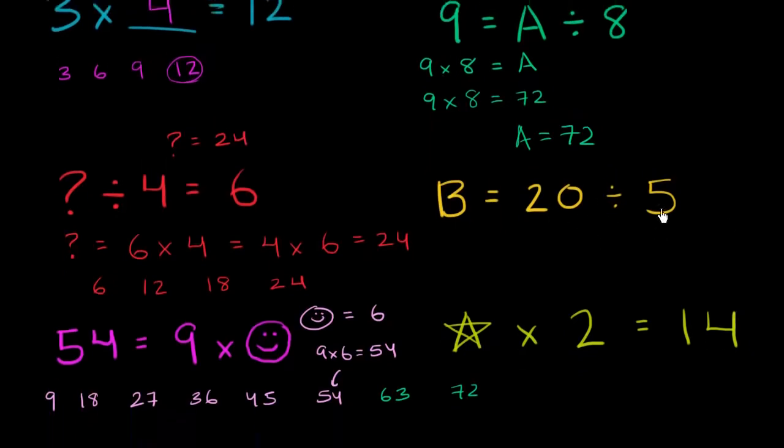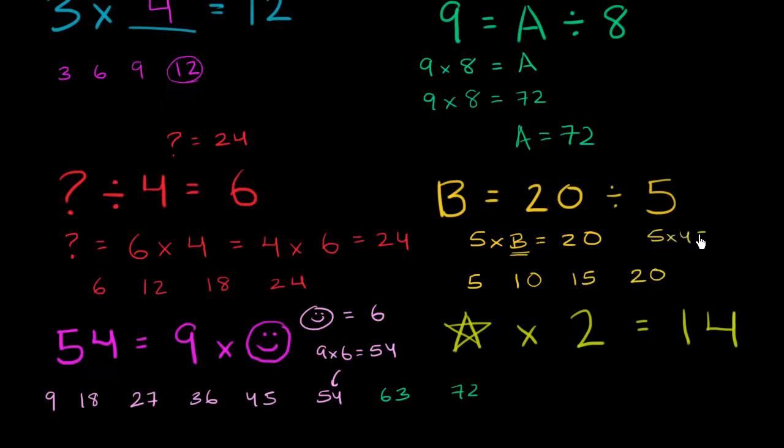B is equal to 20 divided by 5. Well, what's 20 divided by 5? There's a couple of ways you could think about it. You could view this as the same thing as saying that 5 times B is equal to 20. So 5 times what is equal to 20? 5 times 1 is 5. 5 times 2 is 10. 5 times 3 is 15. 5 times 4 is 20.